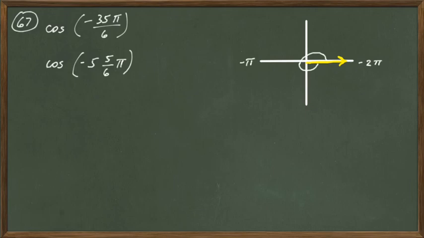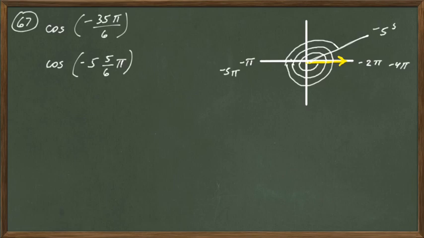So I have to get all the way to negative 5, so there's negative 3 pi, negative 4 pi, and all the way over to here is negative 5 pi. Then I want to go 5/6 of a half revolution, so 5/6 over here. So I have negative 5 and 5/6 pi, leaving me a reference angle of 1/6 pi.